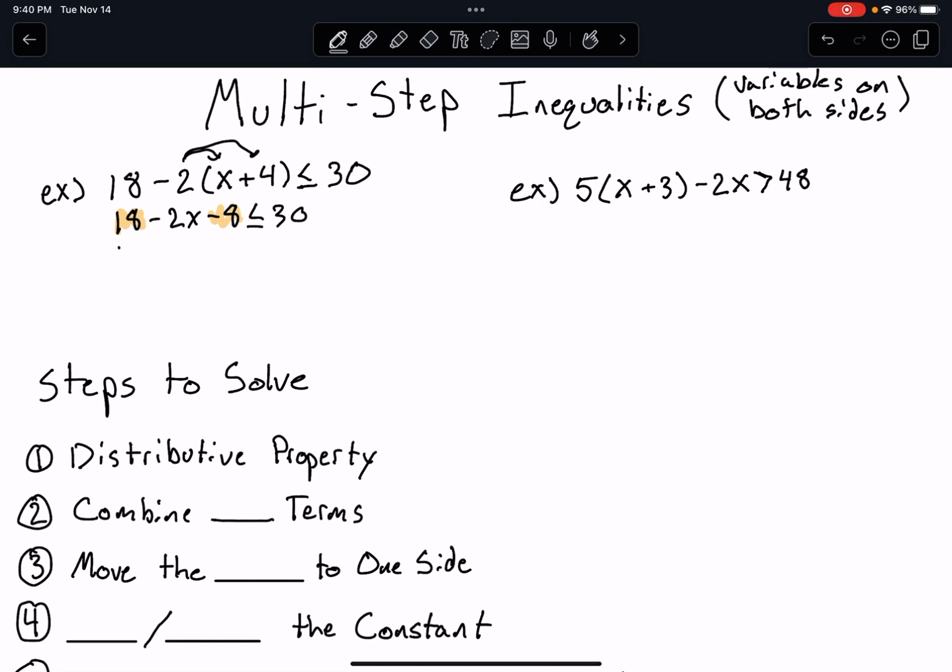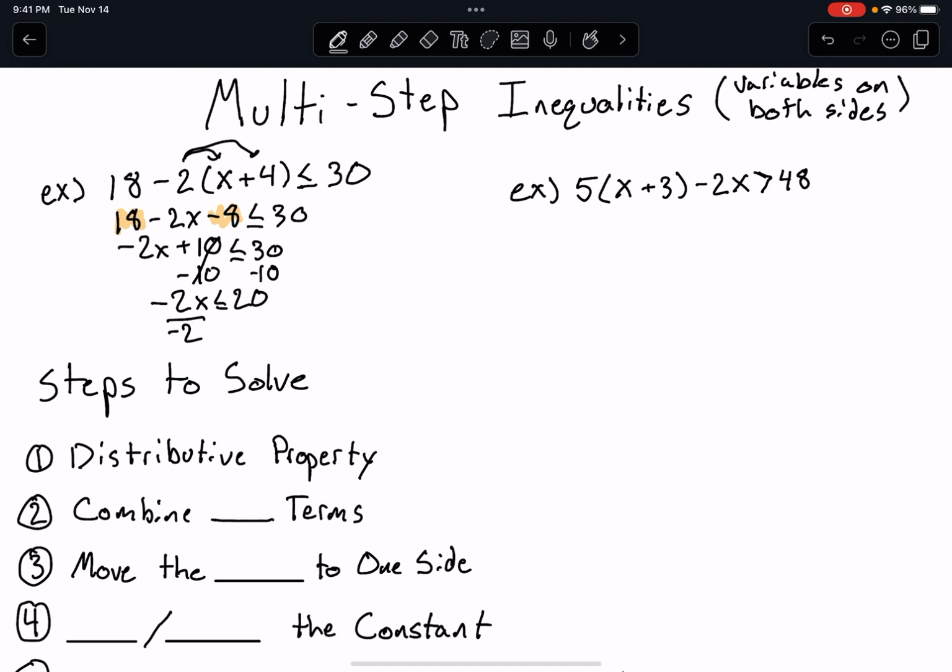So that's going to give us -2x, and 18 minus 8 is +10, less than or equal to 30. And from here, we've just got a nice simple two-step inequality. So minus 10 on both sides: -2x is less than or equal to 20.